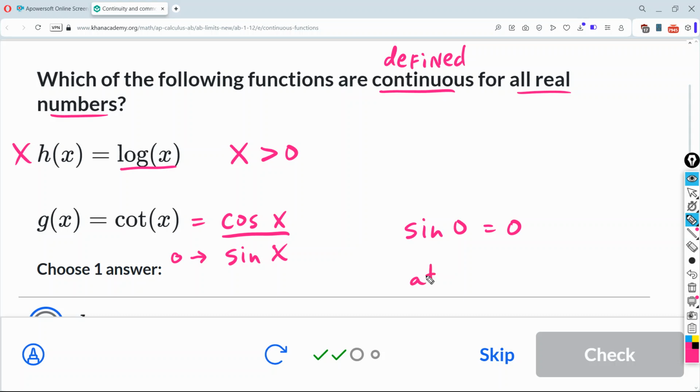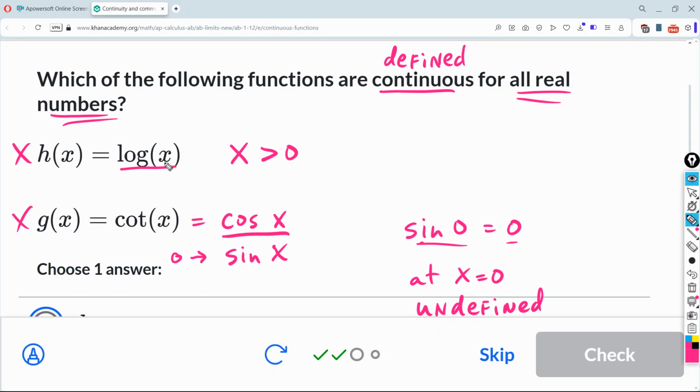So at x equals 0, this fraction is undefined, because you cannot divide by 0. So at x equals 0, this function is undefined. That's not all real numbers if the function is not defined at x equals 0. So that one is no good either.